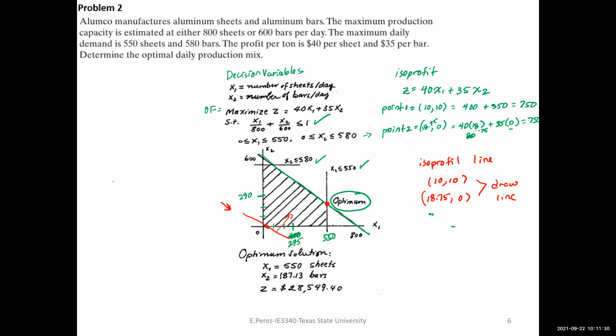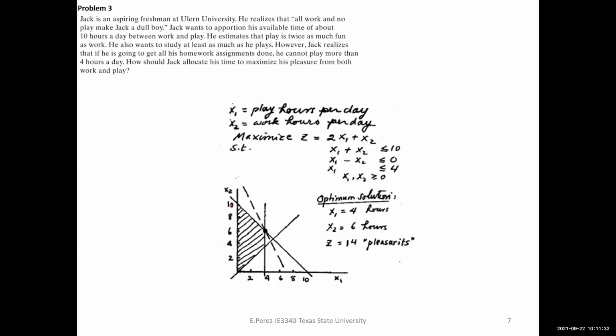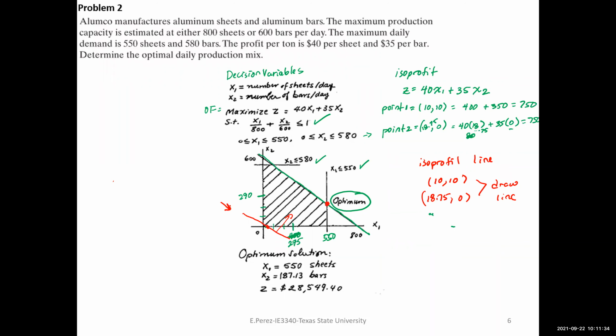And I think on the next example, yes, go ahead. The objective function? Yeah. The first constraint, x1 divided by 800, plus x2 divided by 600.